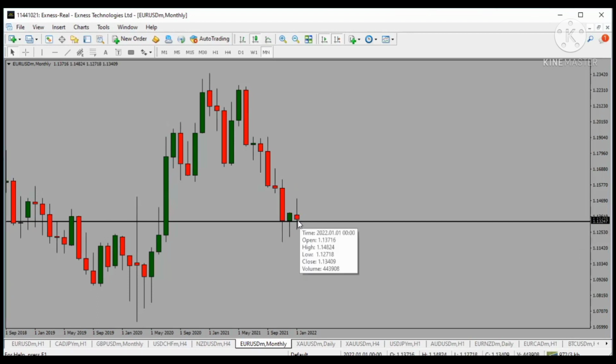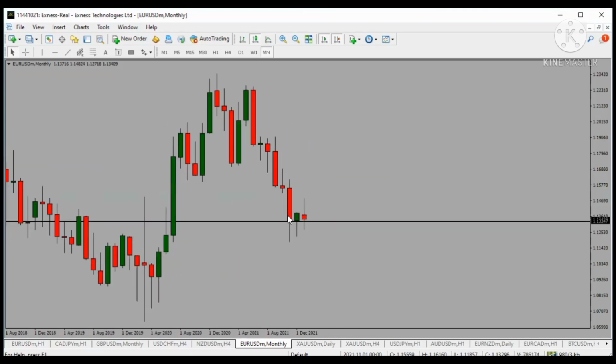I'm expecting that it won't close, but I'm expecting it to move up, because this is a very strong bullish momentum. If such things happen in high time frames, it's really very, very strong. So guys, just a moment. It's really a very strong bullish momentum.